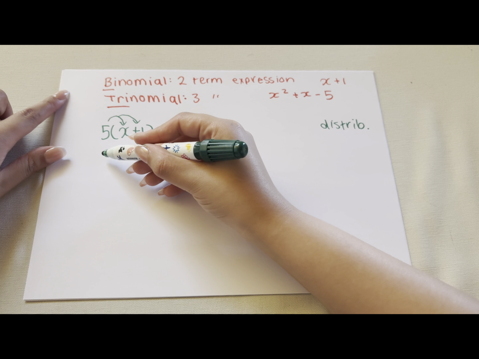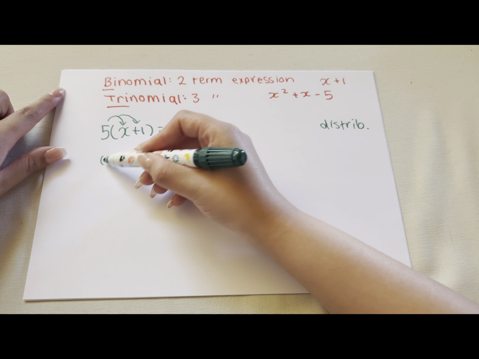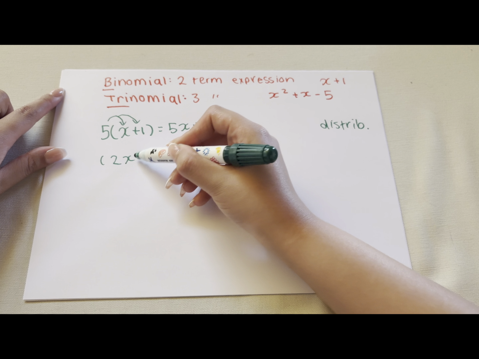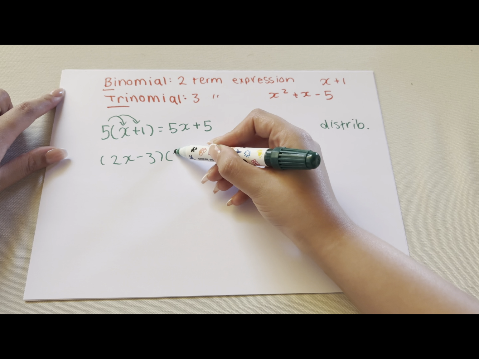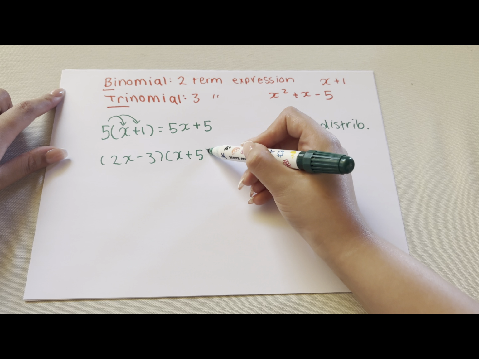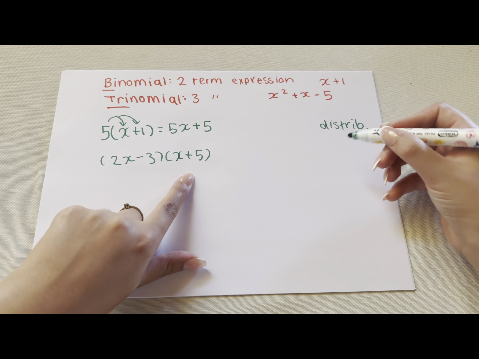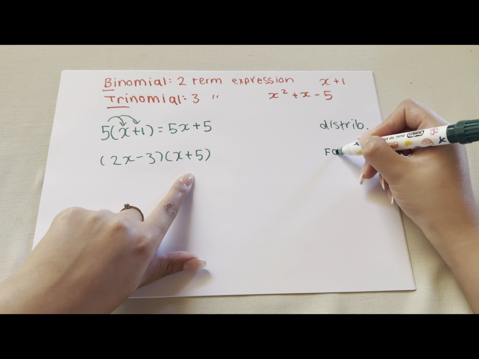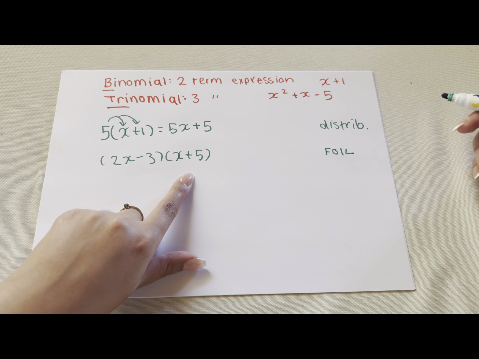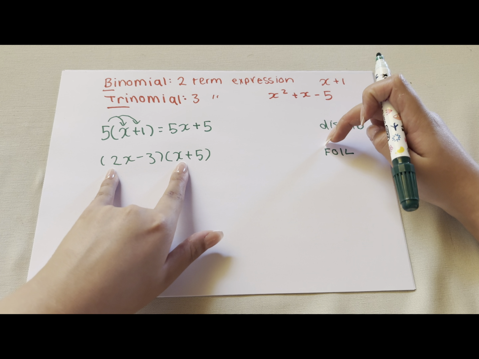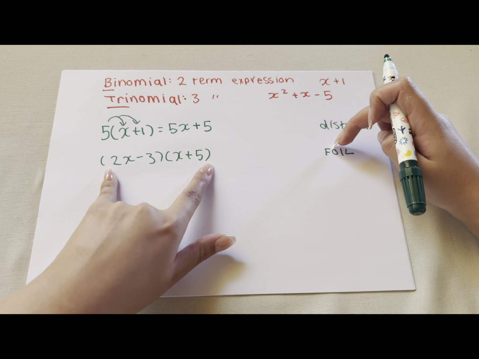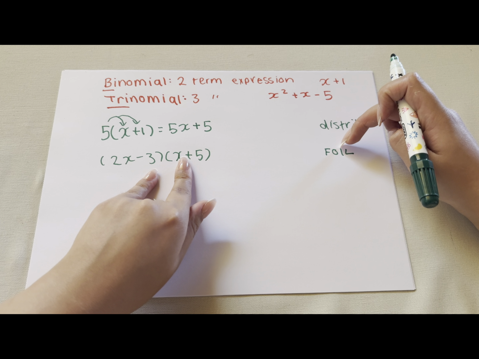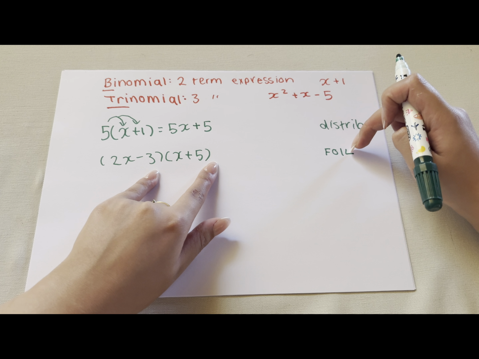Now what happens if I have two binomials, like 2x minus 3 and x plus 5? Binomial and binomial, we generally try to use the FOIL approach. Multiply the first terms in each bracket, then the outer, then we times the inner ones, and then the last ones in each bracket.